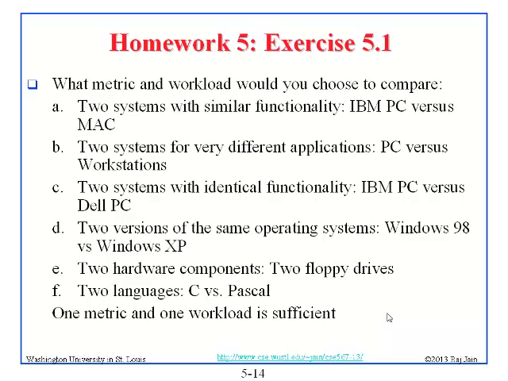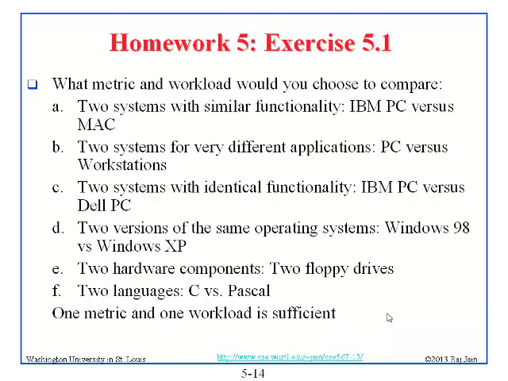So now what are the metrics and workload you would choose to compare two systems with similar functionality, IBM PC versus Mac? Our two systems with very different applications, PC versus workstations. Our two systems with identical functionality, IBM PC versus Dell PC, which are similar things.